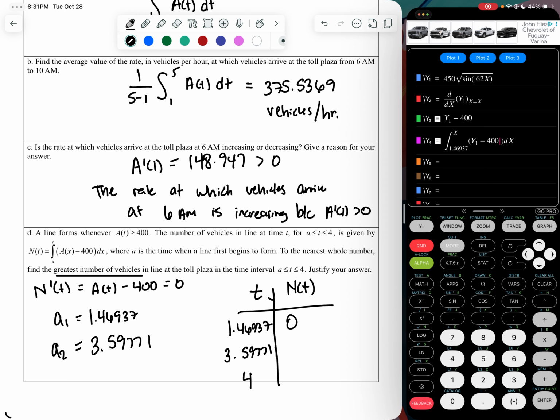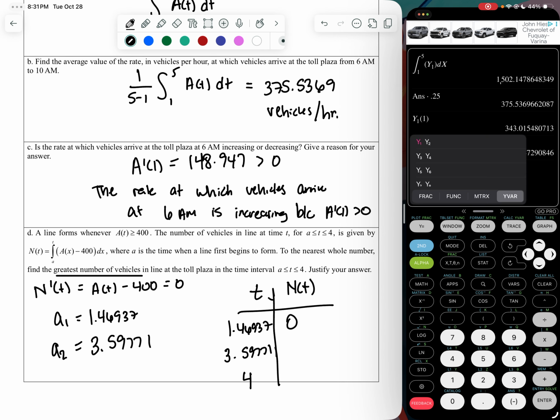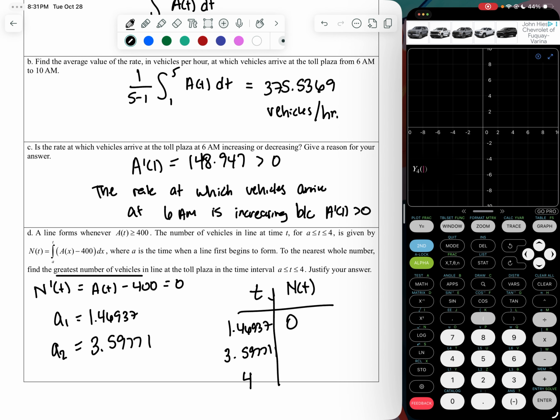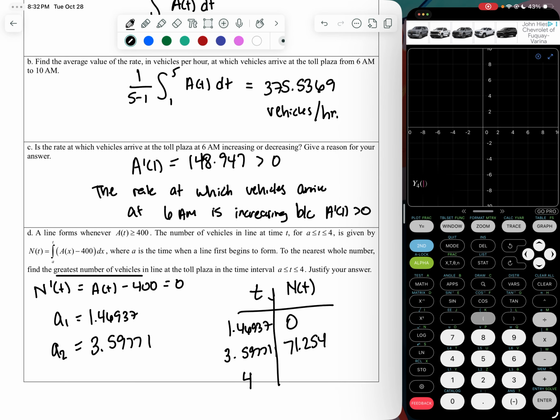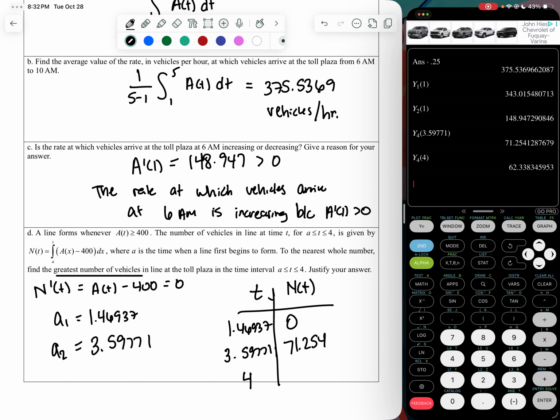Now y4 of 3.59771 gives us 71.254. And then y4 of 4 gives us 62.338.